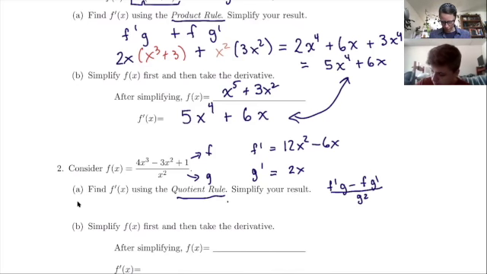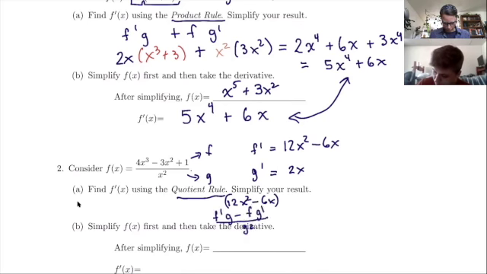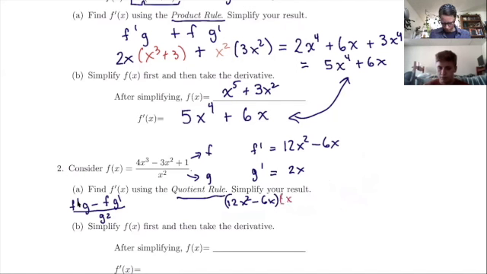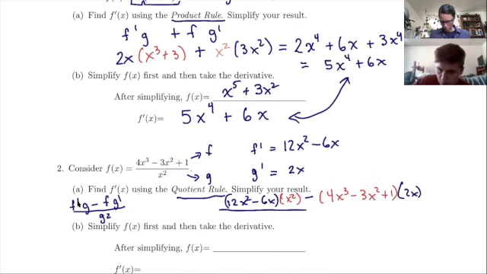So I do F prime, 12x squared minus 6x, I'm going to rearrange the screen here a little bit, times G, minus F times G prime, all divided by G squared.